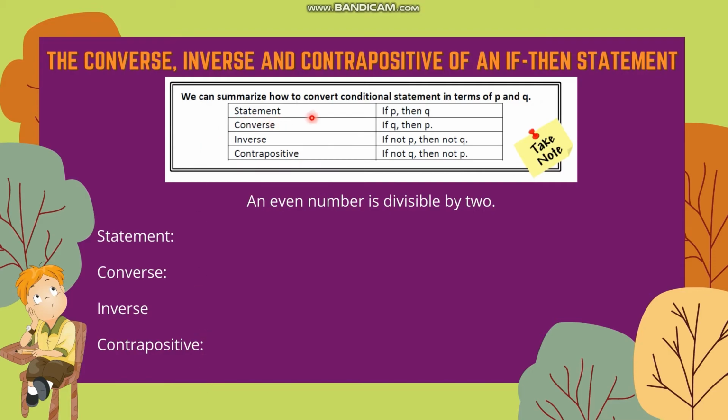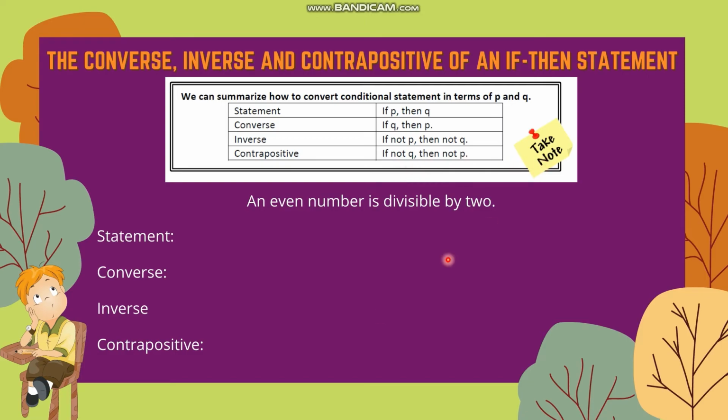We can summarize how to convert conditional statement in terms of P and Q. Okay, so kapag meron tayong if-then statement, ang format niya is if P, then Q. Pag ginawa naman nating converse, babaliktarin natin, so magiging if Q, then P. Pag ginawa nating inverse, hindi natin babaliktarin, mauuna pa rin si P, pero lalagyan natin ng not. So, magiging if not P, then not Q. Okay, pag contrapositive, babaliktarin natin, then lalagyan natin ng not. So, magiging if not Q, then not P.